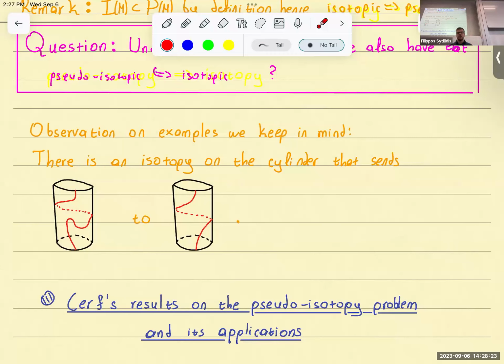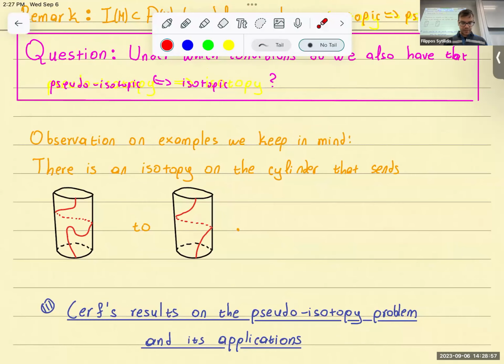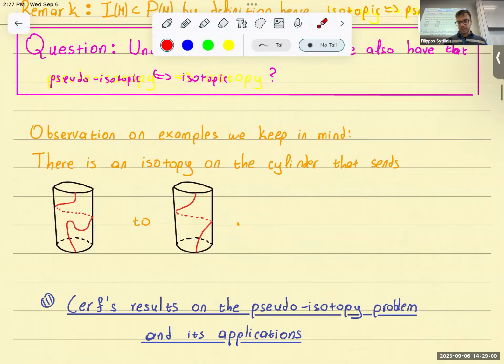So, if I have two diffeomorphisms that are pseudo-isotopic because of a pseudo-isotopy represented by the left-hand side picture, then those two diffeomorphisms must be isotopic through an isotopy represented by this right-hand side picture. All I'm trying to say is that there are definitely cases when two diffeomorphisms being pseudo-isotopic would imply that they are isotopic. So it's a reasonable question to ask, and that's the question we'll be asking.